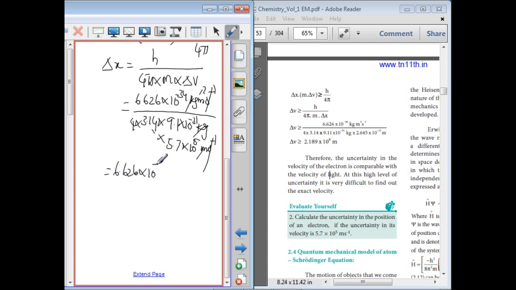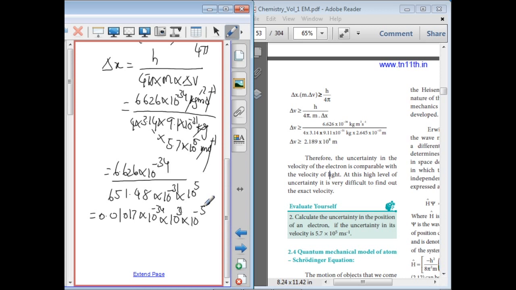6.626 into 10 power minus 34 divided by 651.48 multiplied by 10 power minus 31, 10 power 5. So 0.01017 multiplied by 10 power minus 34, and then bringing to the top, 10 power plus 31, and 10 power minus 5.